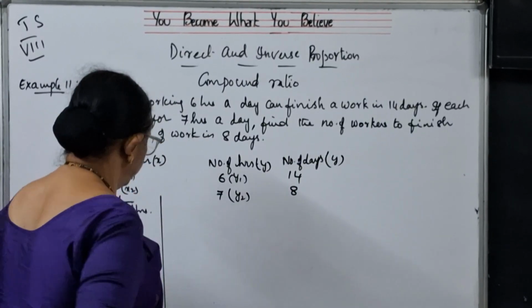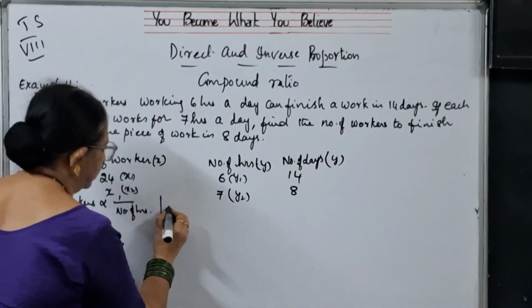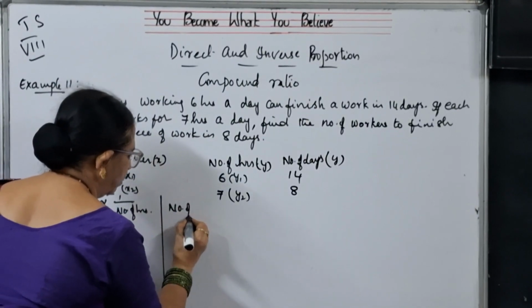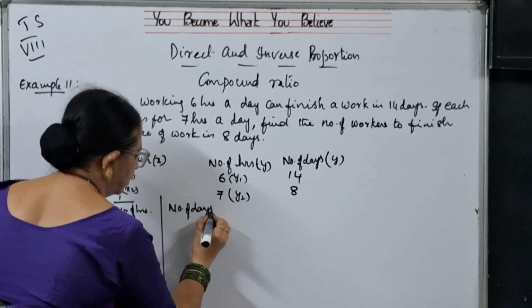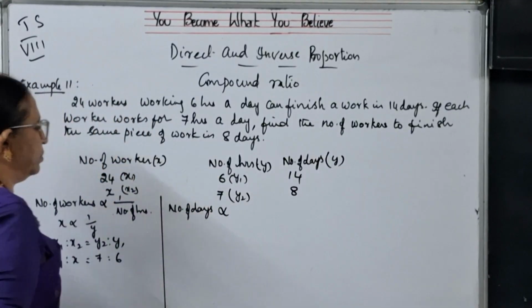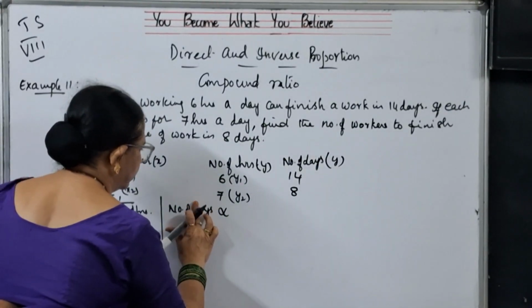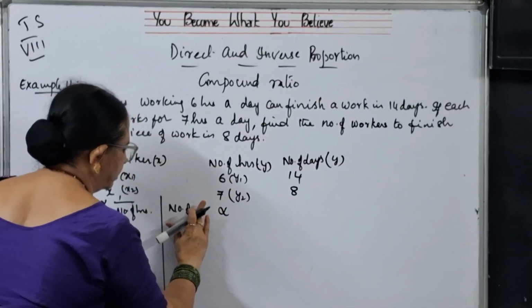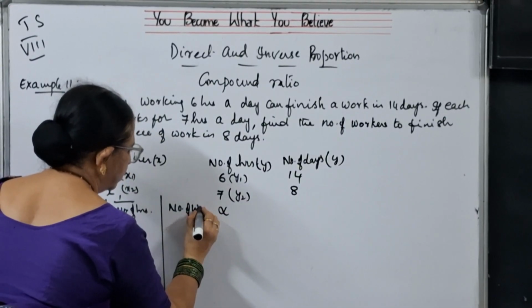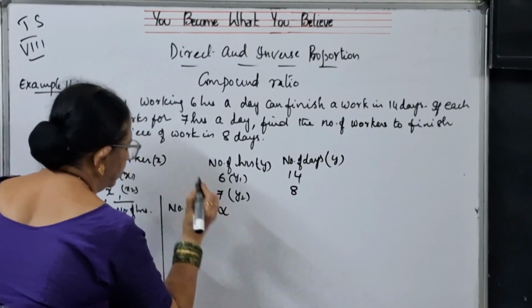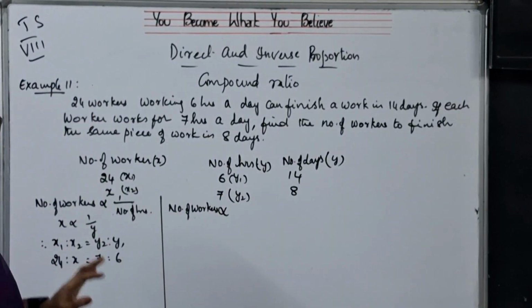Again, the proportionality we have to see. Number of days is proportional to the number of workers. Let us see first workers and days.